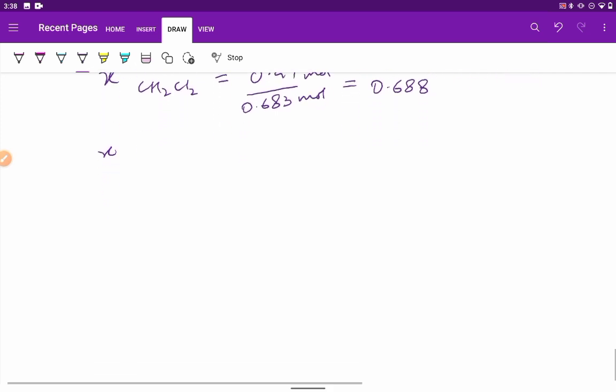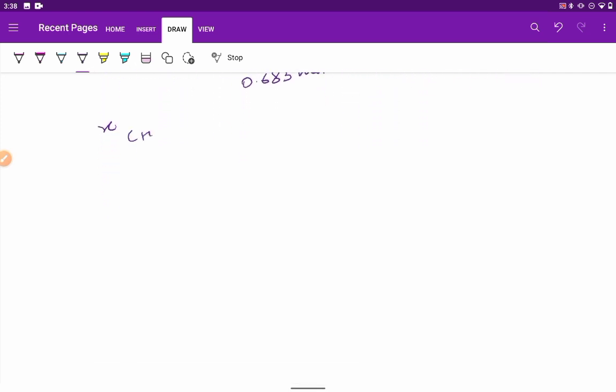For CHCl3, 1 minus 0.688, 0.312. So we got both the values of mole fractions.